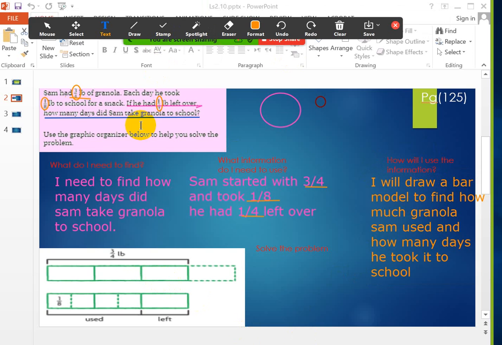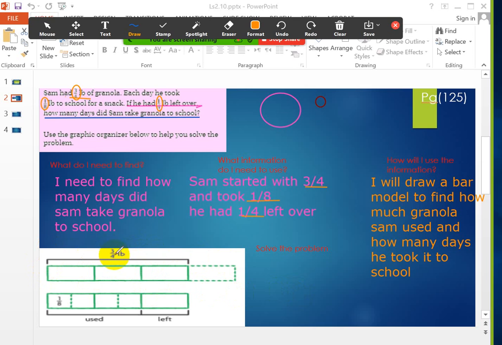So girls, now we will start. This is how I will read the problem and understand it. Now what about solving the problem? Solving the problem means you have to draw a model. Look at this model. The model here is a fraction strip or bar model.